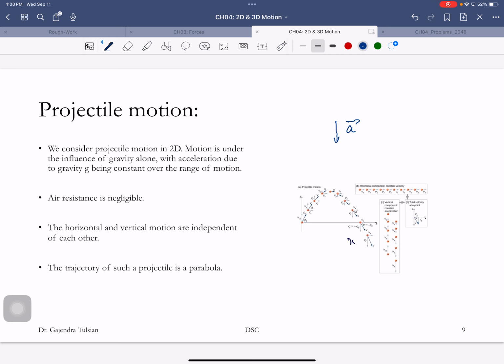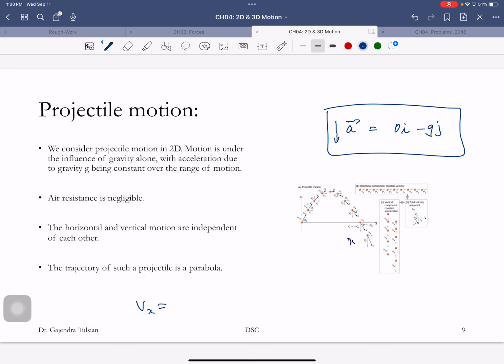In this coordinate system, this acceleration has no x component, it only has a y component. So this acceleration is 0i minus gj.